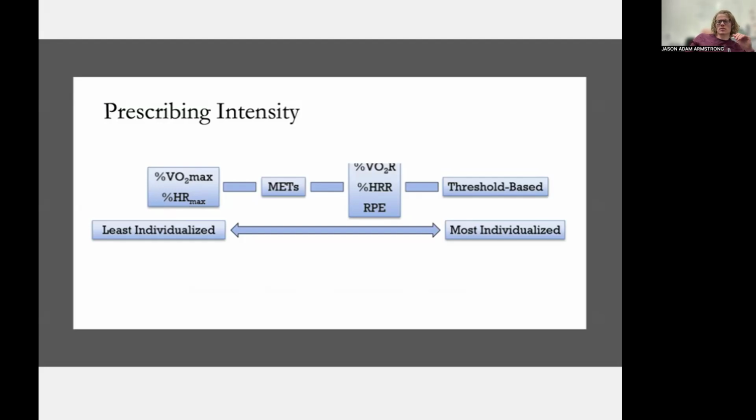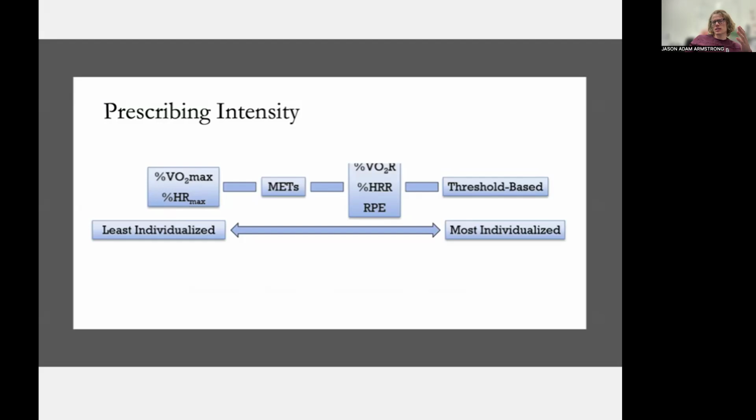Oh, I did want to say, this is in the slide notes, but there's some research suggesting that there are responders and non-responders to exercise. In follow-up literature, what we see is actually there aren't responders and non-responders. There are just less and more individualized programs.